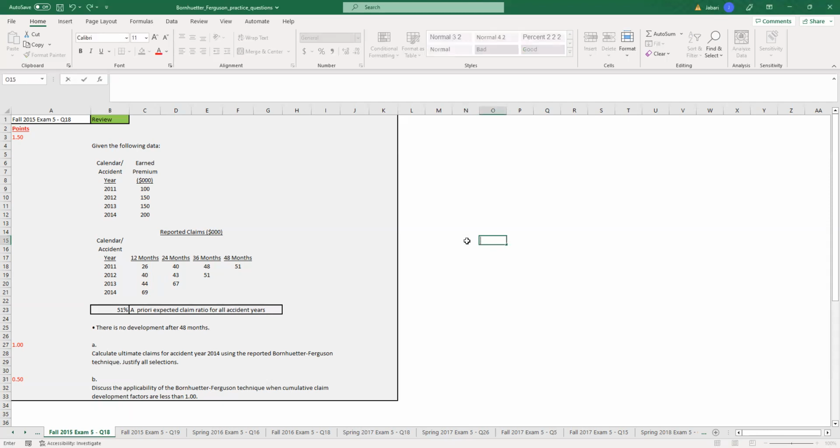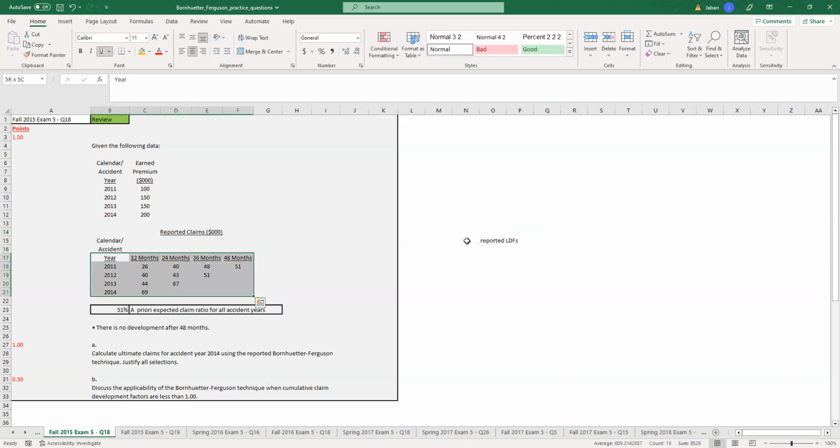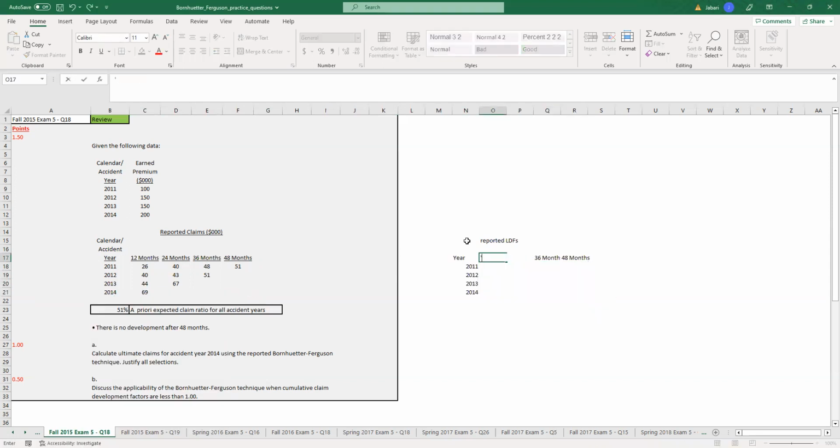So first, I'll just create the loss development factor triangle for the reported claims. Again, just going to take this triangle here, copy and paste it over. It's the fastest way to do it. Then I have to fix these because for the development triangle, the periods will not be the same.